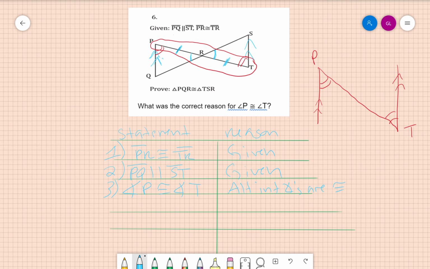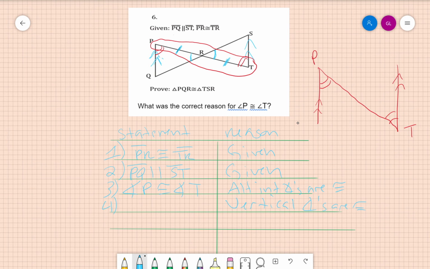Now for step 4, we already kind of highlighted it earlier. I'm going to skip to the reason: vertical angles are congruent, because I can see that I have some vertical angles here. But let's make sure we state it properly. I'm going to start from the angle that we highlighted as being a part of those alternate interior angles, because you want to name these angles in the correct order.